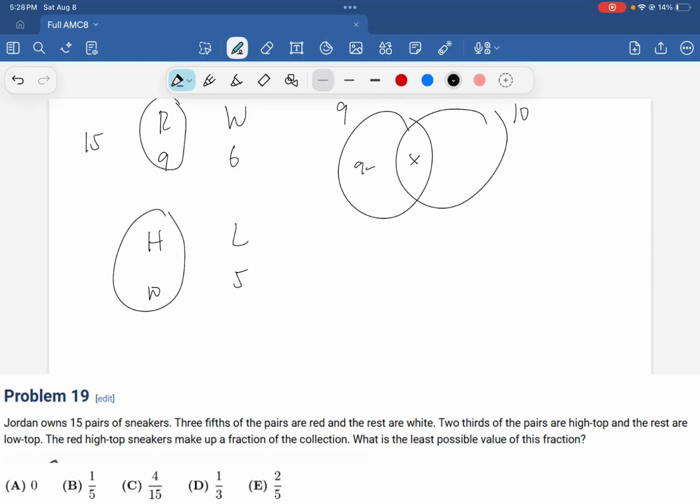Then this is 9 minus x, and this is 10 minus x. So this area is going to be 9 minus x plus 10 minus x. First of all, this is 15. So this is equal to 19 minus x. So the only answer for this is going to be x equals 4. So the fraction of high top red is going to be 4 over 15, which is C.